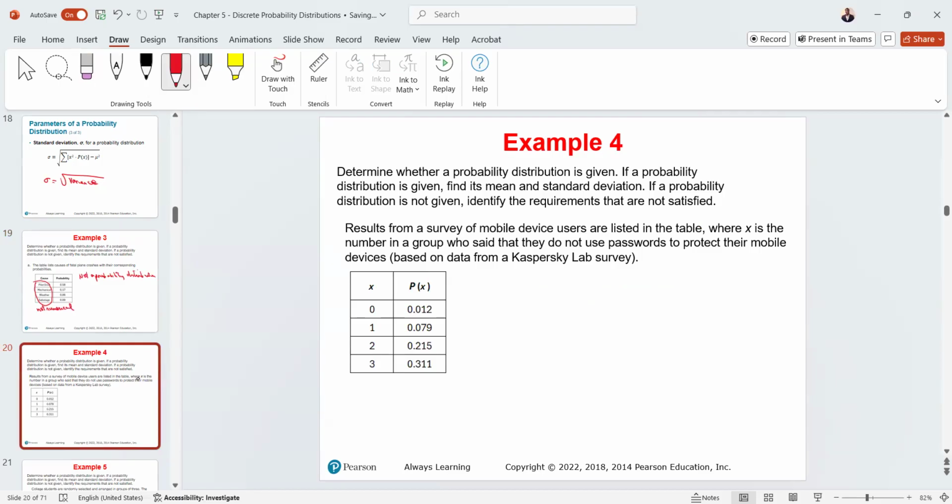Let's see about this one. Oh, yes, the first column is numerical because you have 0, 1, 2, 3. So the first condition is met. Let's see the second condition, or we can try the third one first. All probabilities are between 0 and 1. Met. That's good.